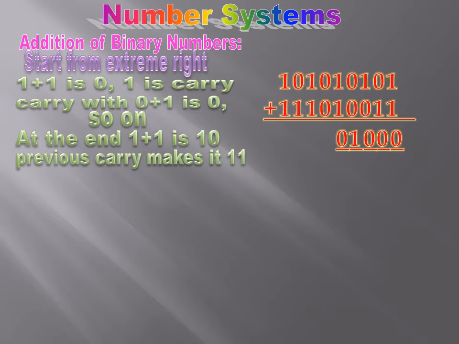So 1 plus 1 is again 0, 1 is carry. Then 0 plus 0 is 0, but the carry 1 will sit here. Then again 1 plus 1 is 0, 1 is carry. That 1 along with this 1 is 0, that 1 is carry. Then 1 plus 1 is actually 1 0, but the carry will make it 1 1. So this is the addition.